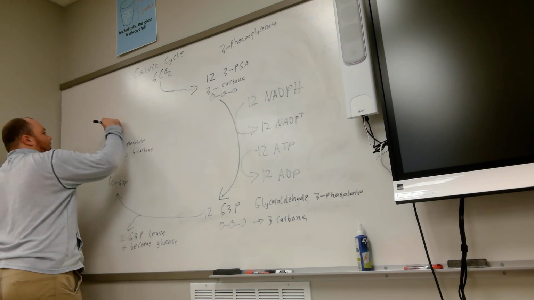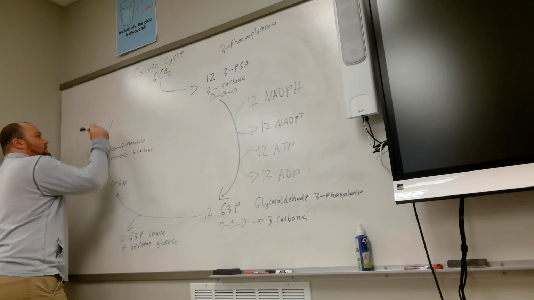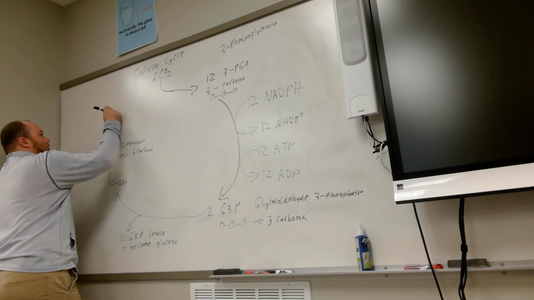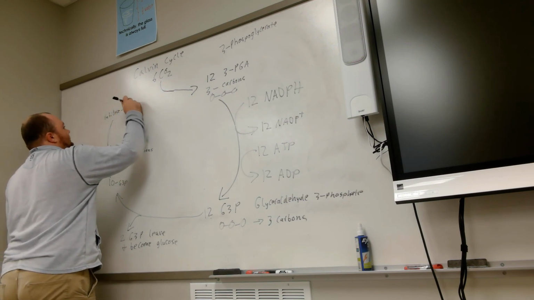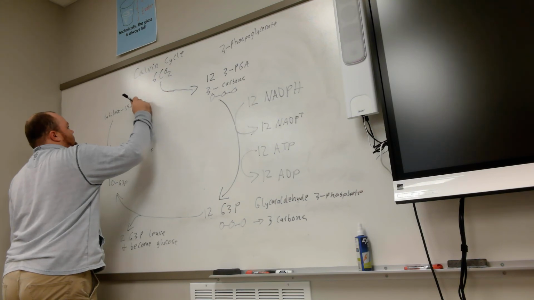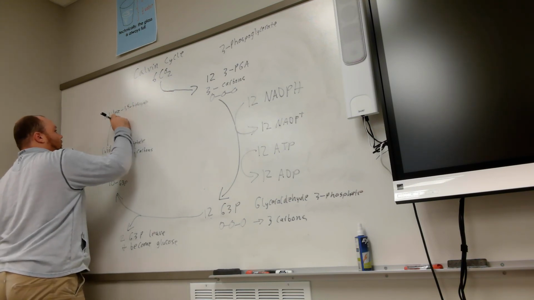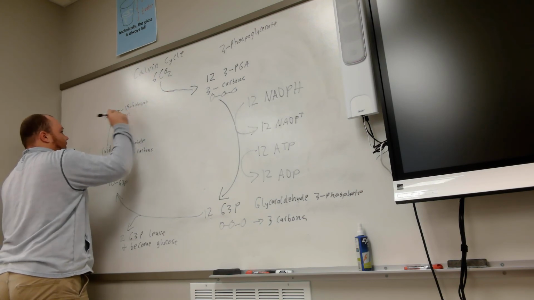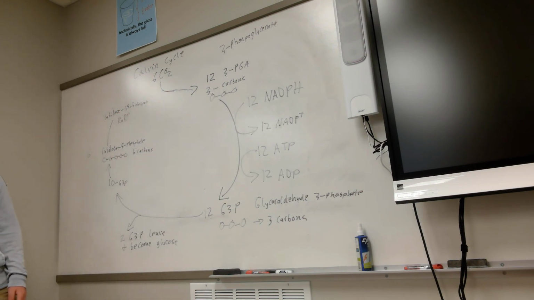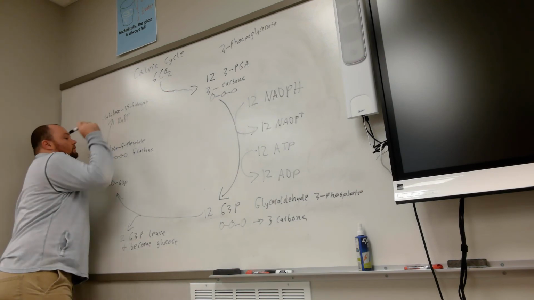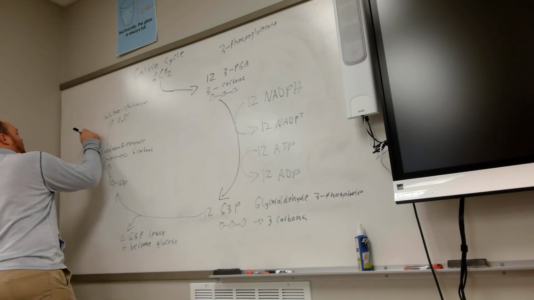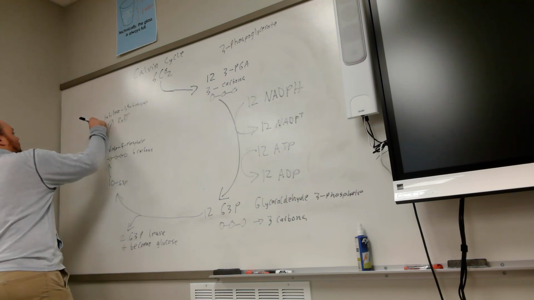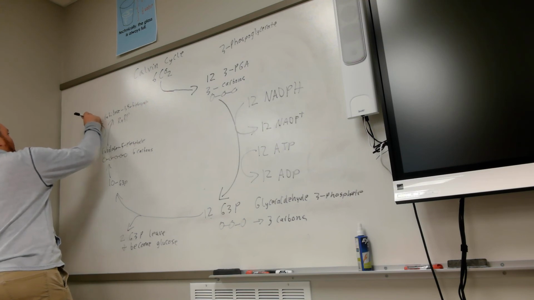Now, we need to turn this from ribulose 5-phosphate into ribulose 1,5-bisphosphate again, which is what we call RuBP, okay? RuBP. But in order to make RuBP out of your ribulose 5-phosphate, you're going to again need 6 ATP that get used up and become 6 ADP.